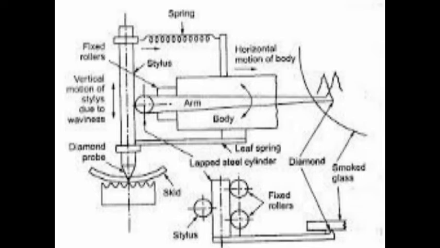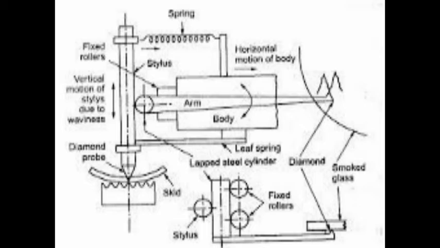It was originally designed by Dr. Tomlinson, and it consists of a stylus probe, that means a diamond probe, held by spring pressure against the surface of a lapped steel cylinder, and is attached to the body of the instrument by a leaf spring. The lapped cylinder is supported on one side by the probe and on the other side by fixed rollers.